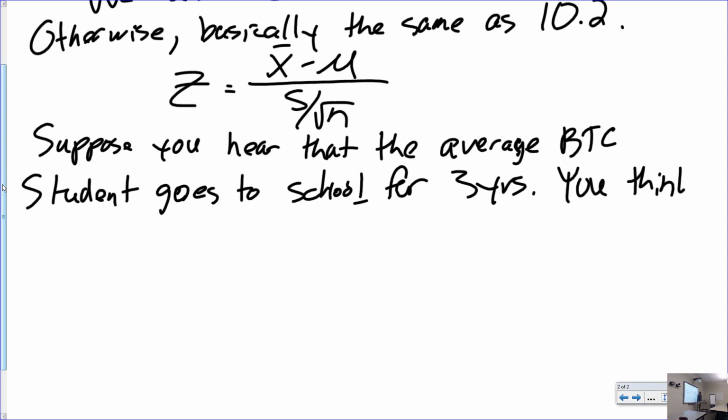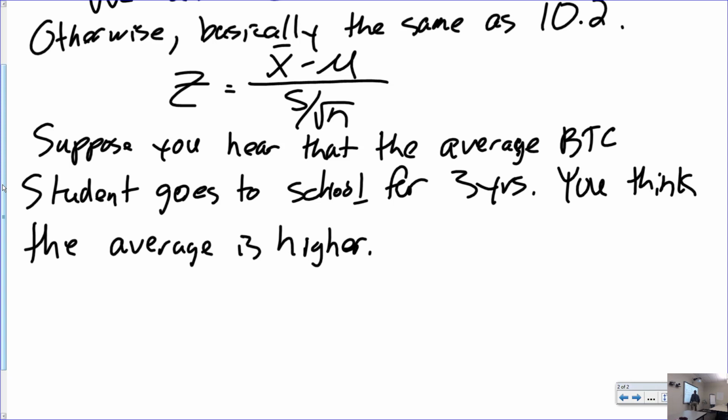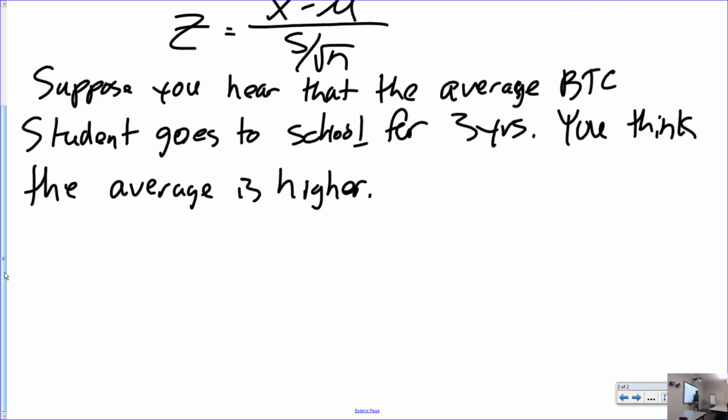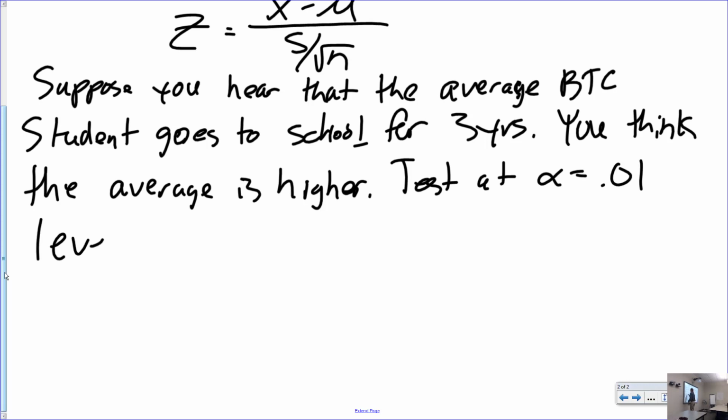You think the average is higher, right? So you hear that it's 3, but you want to believe that it's really higher, okay? So let's test at alpha equals 0.01, or a 1% level of significance.